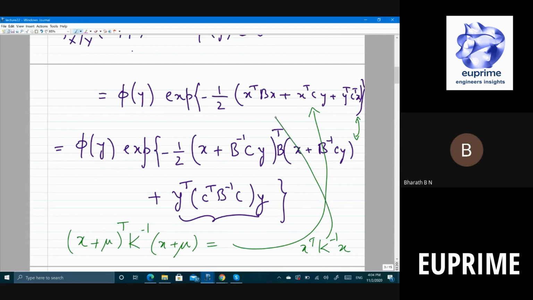So K inverse should be B, or B should be K inverse. That's why you have B here. See, one term you are already done. What about the other term? X transpose K inverse mu, that's another term. And you have mu transpose K inverse X. I can again do the transpose and write this as 2 times X transpose K inverse mu. See which one corresponds to that and so on. Okay, sir.